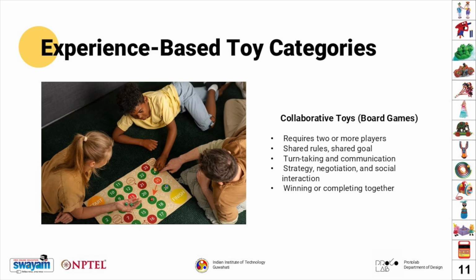Players negotiate rules, celebrate wins, wait for turns, react to each other, and build strategy together. The toy creates an environment where social behavior is part of the play itself. Without collaboration, the game does not function. That's what defines this category.